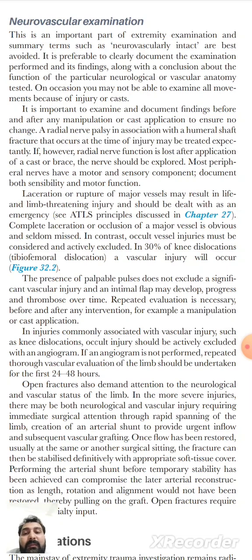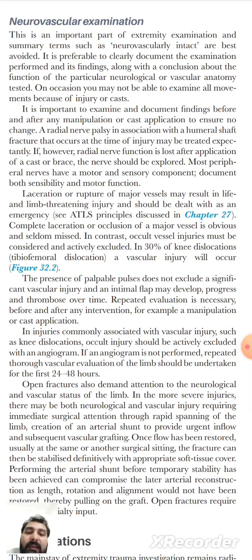We should examine it repeatedly for 24 to 48 hours, and we are going to discuss it in the text following. The presence of palpable pulses does not exclude a significant vascular injury, and an intimal flap may develop, progress, and thrombose over time. Repeated evaluation is necessary before and after an intervention, for example, a manipulation or cast application.